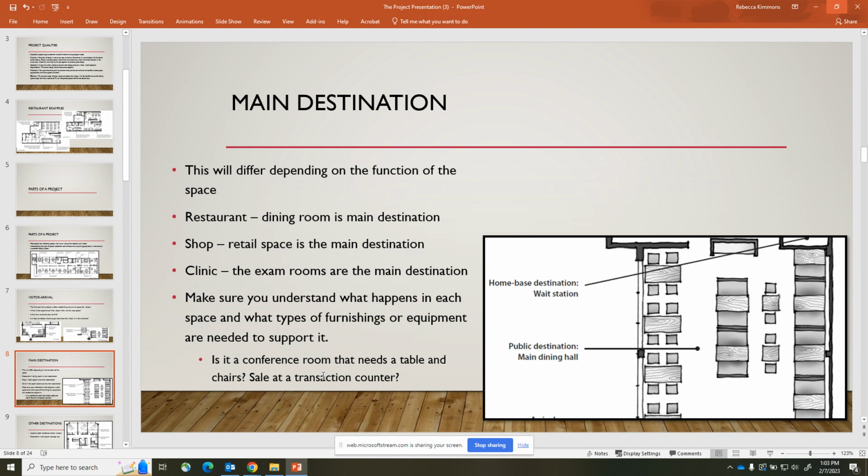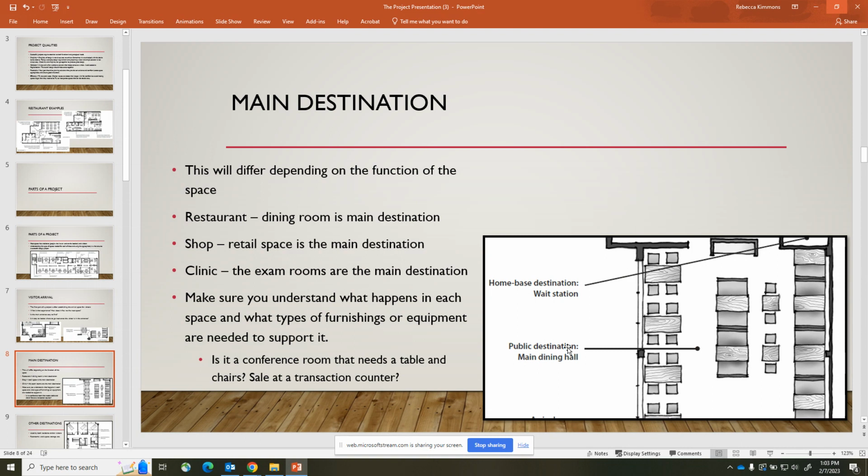And then what's the main destination? This is going to differ depending on the function of the space. But this is the main place your visitors are going to. Is it a restaurant, and the dining room is the main destination? The main space they're trying to get to is where they're going to sit and eat. For a retail shop, where the clothes are, where the gadgets are, that is the main space they're going into.